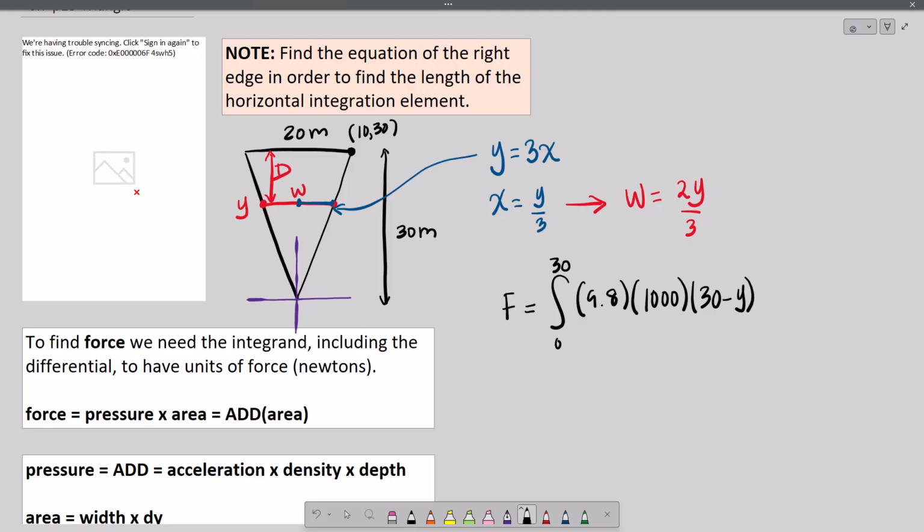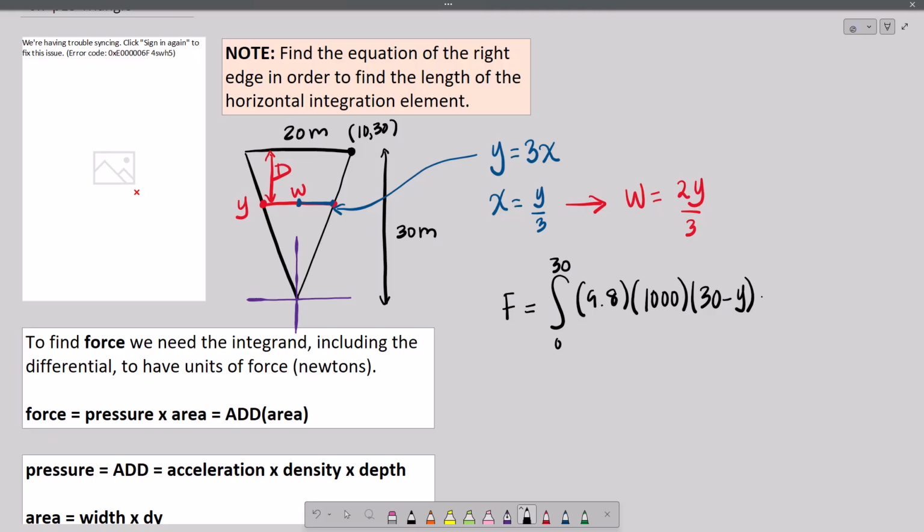So there's ADD. So acceleration, density, depth. If you combine those three together, you're getting the pressure. And pressure is force per unit area. So this is force per unit area. Now we multiply by area. Those areas, the units at least, will cancel, so we'll be left with units of force, which is what we want.